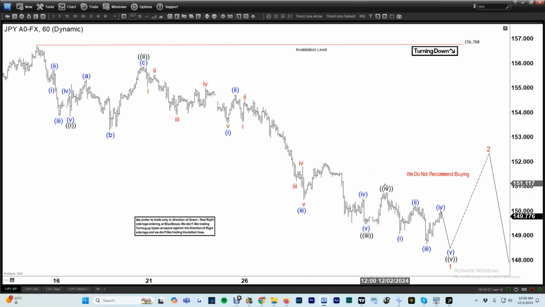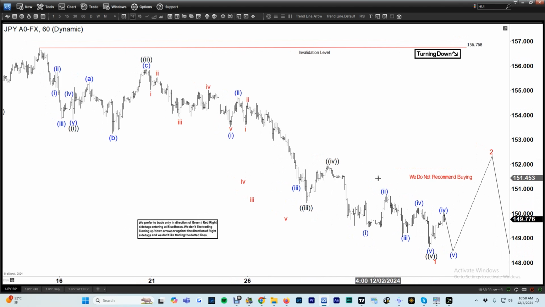I can put 4 here, 3 here, and then 1, 2, 3, 4, 5. I can just move around some of the positions, and then suddenly it is complete.